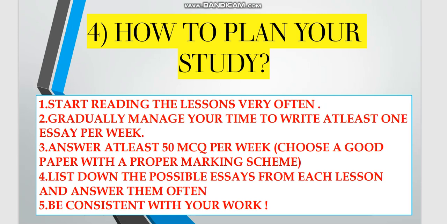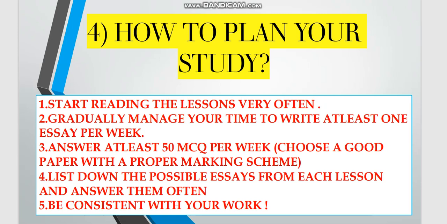You can't end up finding the answer for every MCQ in the textbook. So choose a paper with a marking scheme, then per week do 50 MCQs and check yourself, because when you are doing MCQs you study a lot of points in the theory that you didn't understand. MCQs are a turning point for understanding biology, so definitely you have to do it.